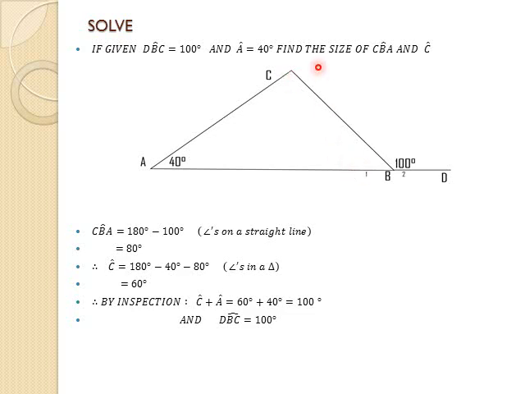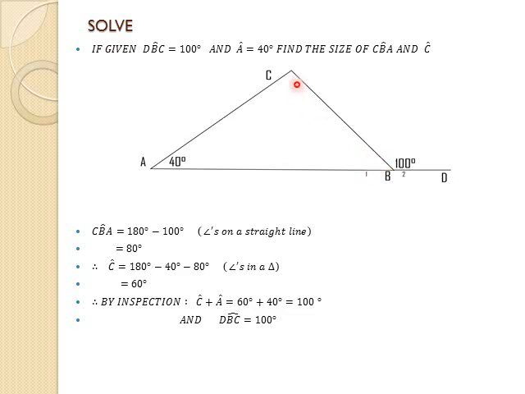For CBA, you should see that it's on a straight line. Angles on a straight line must add up to 180. So CBA would equal 180 minus the 100. We say angles on a straight line. And 180 minus 100 gives me CBA as 80. So there now I have 80 degrees.